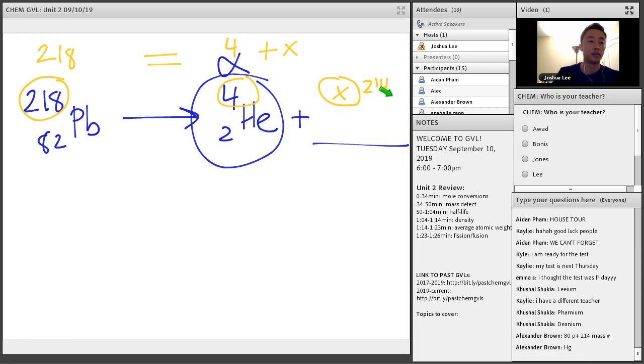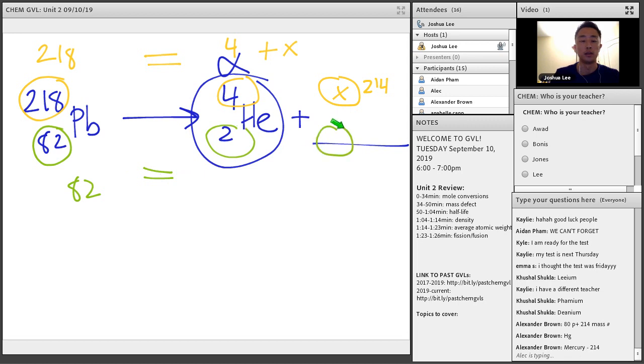Then, if I use a different color, the bottom number on the reactant side, so 82, has to equal the bottom numbers on the product side. So it'll be 2 plus x in this case. That means x would be 80.